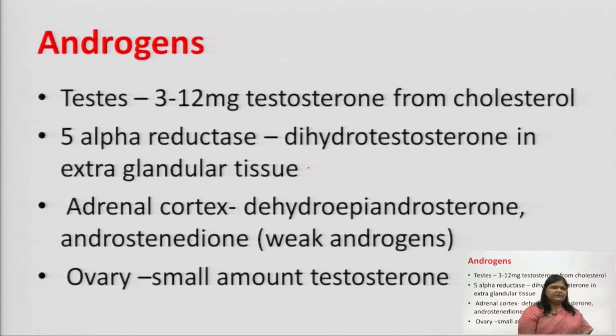Then this testosterone, by the enzyme 5-alpha reductase, is converted into dihydrotestosterone in the extraglandular tissue, which is responsible for the major actions produced by testosterone.